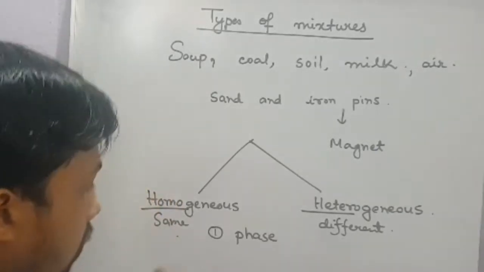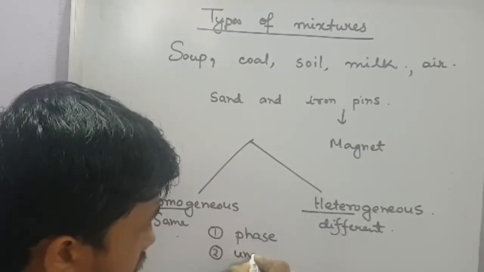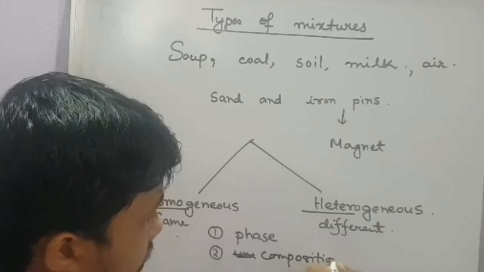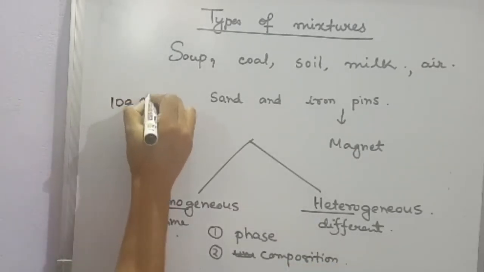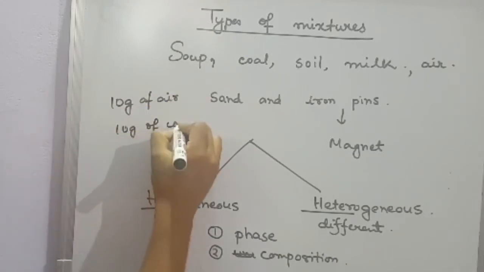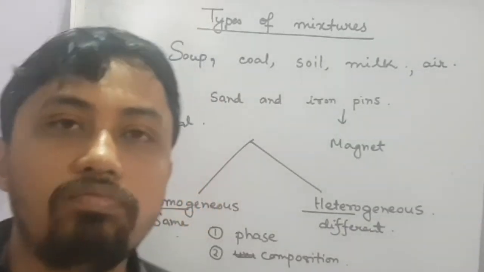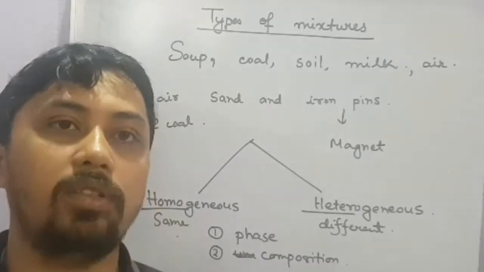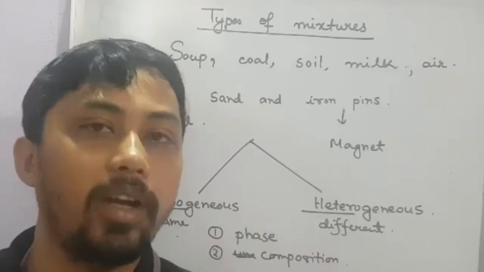Okay. The second point that you have to understand is the composition, right? Let's say I'm taking 10 gram of air and 10 gram of coal. More often than not, if I take 10 gram of air, the composition is going to be the same. 10 gram, 10 gram, 10 gram.